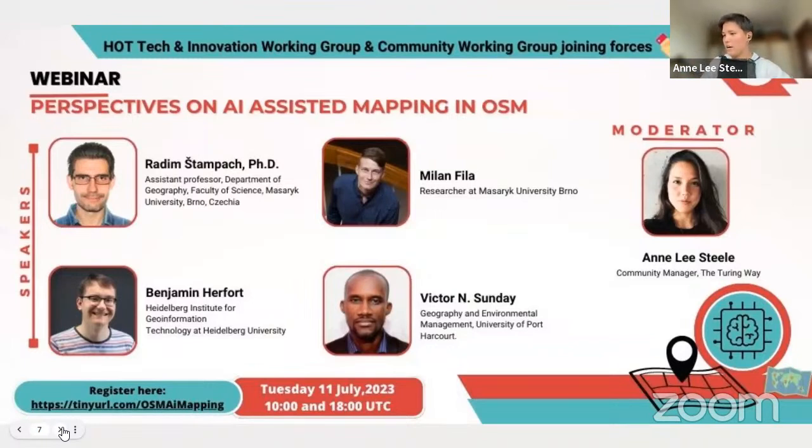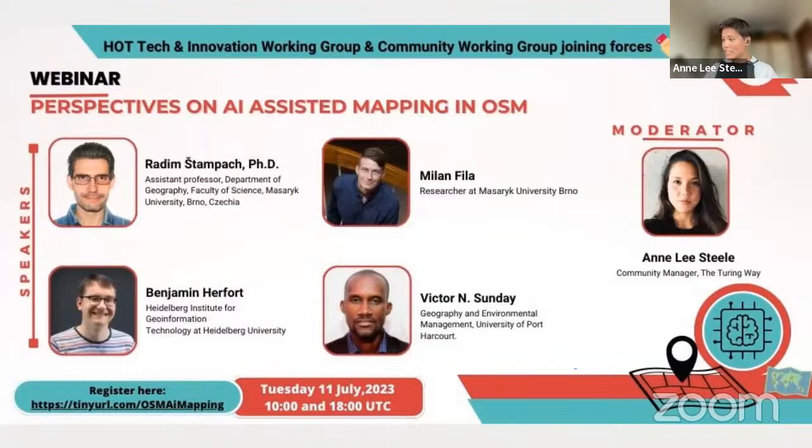Just to review, today we have Radim Stampak, an assistant professor at the Department of Geography in the Faculty of Science at Maastricht University. We have Milan Fila, who's also a researcher at Maastricht University, along with Benjamin Herford at the Heidelberg Institute for Geoinformation.